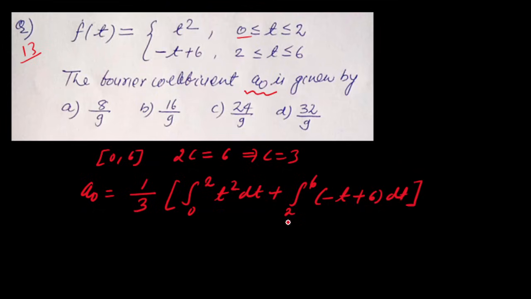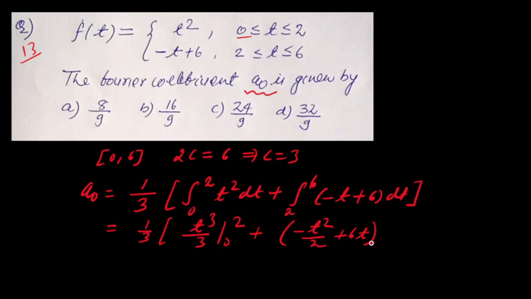It's a very cold weather here. So it is 1 by 3, and the integration of t square will be t cube by 3, with limits 0 to 2, plus minus t square by 2 plus 6t, with limits 2 to 6. So we have to substitute the limits here. 1 by 3, and 2 cube will be 8, minus 0 cube, so I will get 8 by 3.